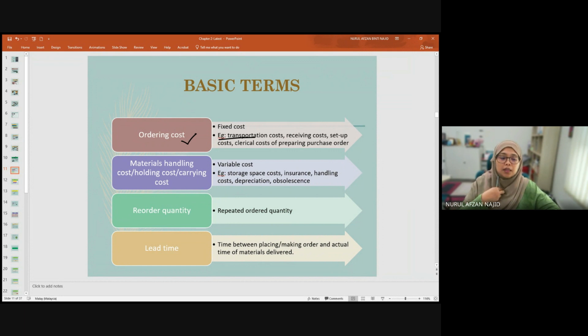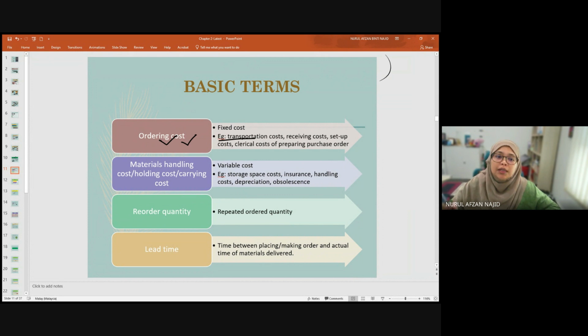So bila kita yang kena bear the cost, that's why transportation is part of the ordering cost. Contoh dalam soalan tu dia bagi tahu, transportation cost RM5 per order. Clerical cost RM3 per order. So transportation RM5 dengan clerical cost RM3, dia akan jadi RM8 of ordering cost. Alright? Tapi you kena determine lah daripada soalan tu.